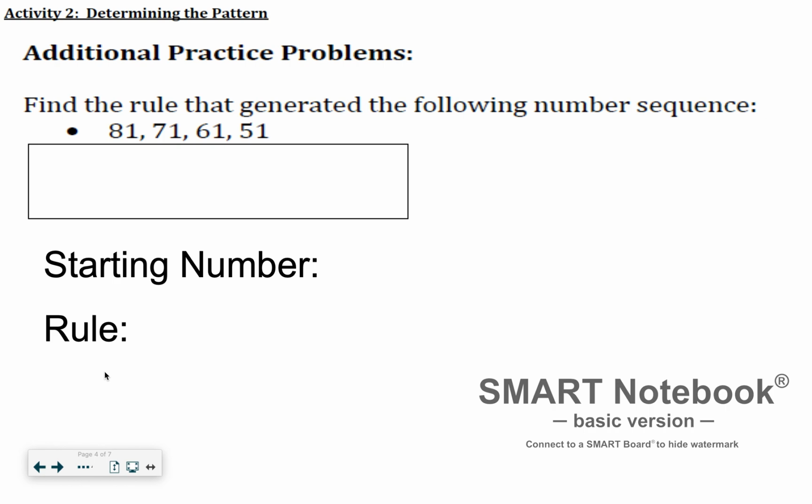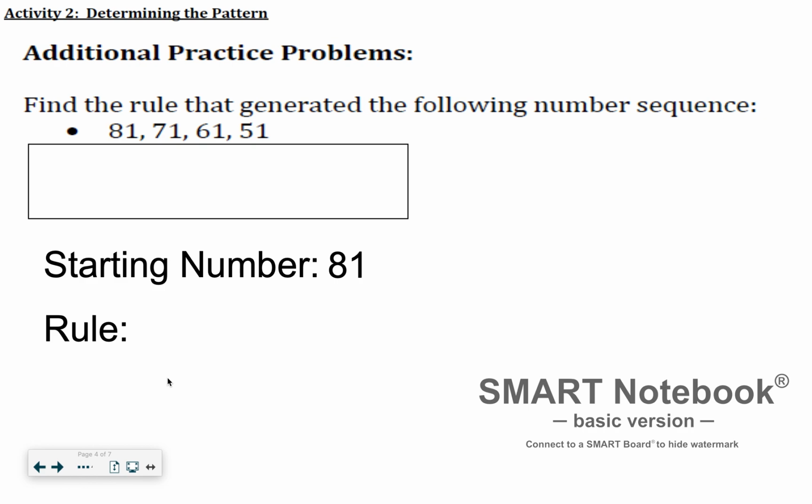Let's try another. Find the rule that generated the following number sequence. I see this sequence starts at 81, so that's the easy part, finding that first number. And I notice my numbers are getting smaller, so it must mean to either subtract or divide.